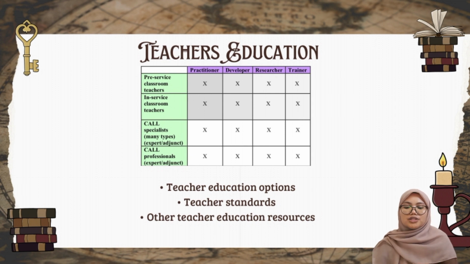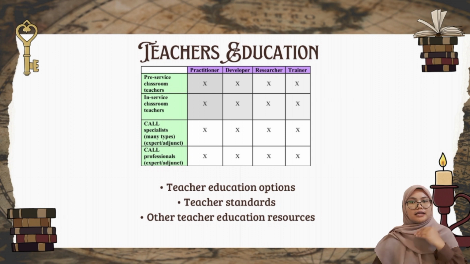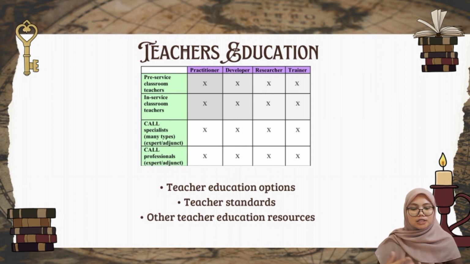And then we discuss teacher education options. In finding a suitable CALL training opportunity, it is important to identify one that fits your needs, depending on your existing level of computer expertise. Some certificate programs and workshops in particular may focus overly on how to use the technology rather than why.